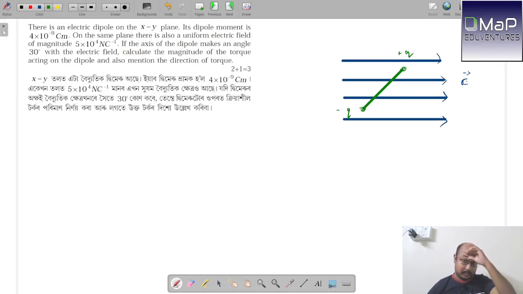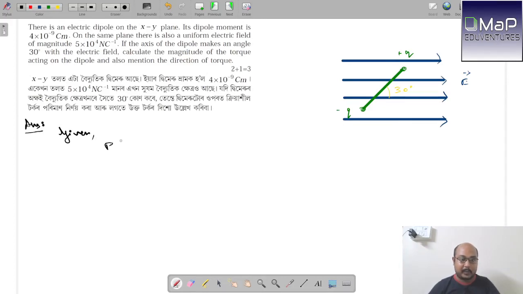Now the angle between the dipole axis and the field, this angle is given to be 30 degree. Okay, we start with the solution.